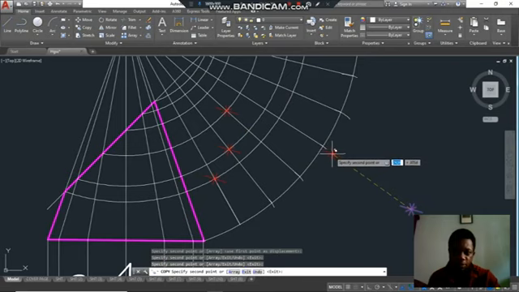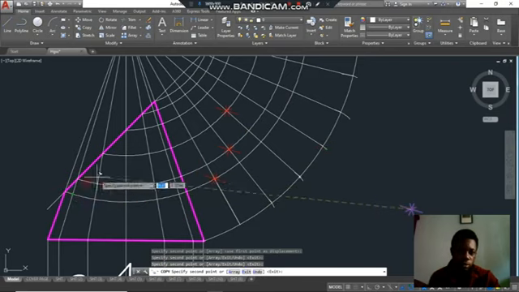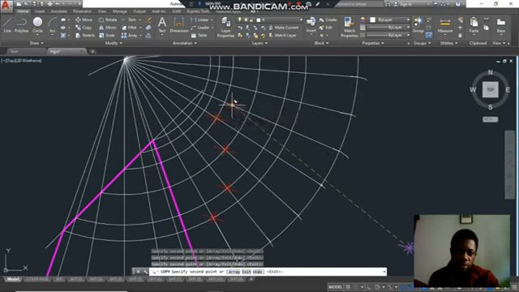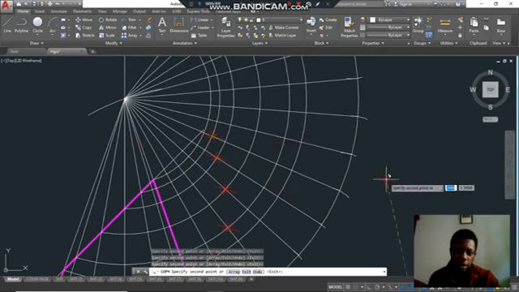Trace line 4 is this, and arc. This is 1, 2, 3. This is arc 4. This is line 4. They meet here. Now this is arc 5. This is line 5. Trace them. They'll meet here. Okay, line 6 and arc 6 will meet here.